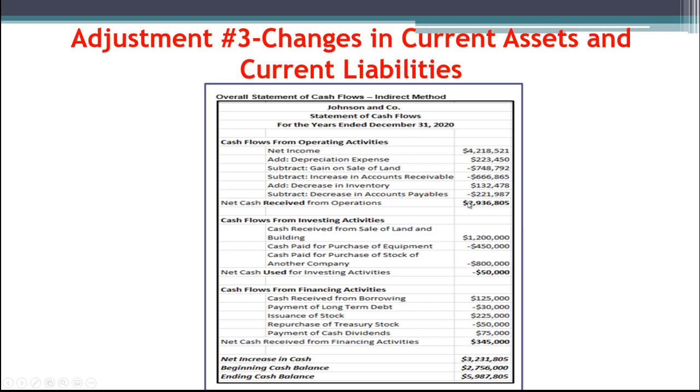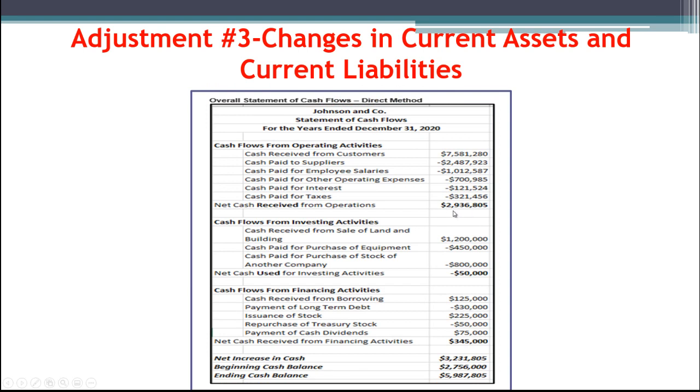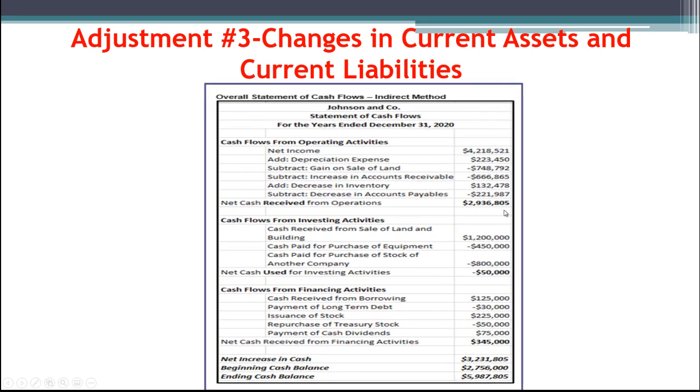The only difference is how you arrive at the subtotal for operations. Notice that it's $2.9 million in both cases, but under the operating activities in the indirect method, we start with net income from the income statement, and we add and subtract various things based on the rules we just talked about a bit ago.